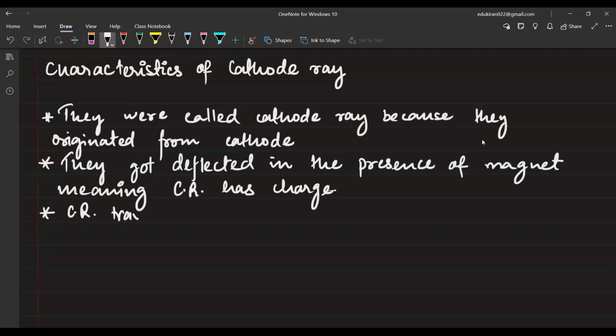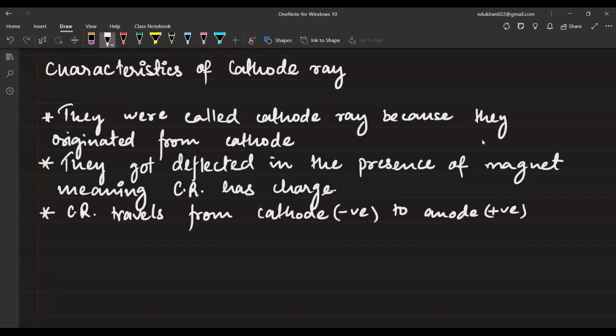Cathode ray travels from the cathode, that is negative, to the anode, that is positive, meaning cathode ray is negatively charged.